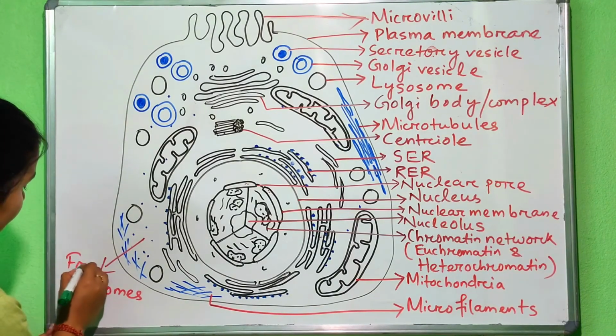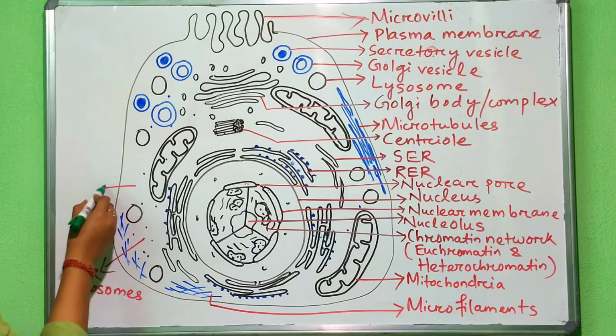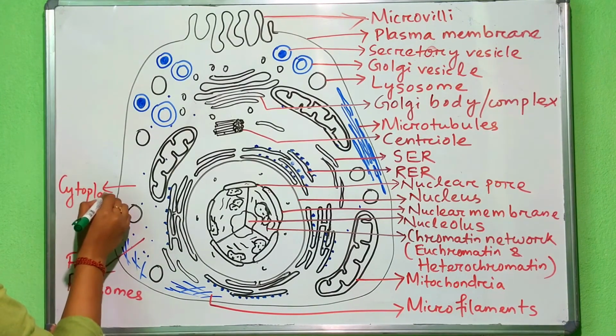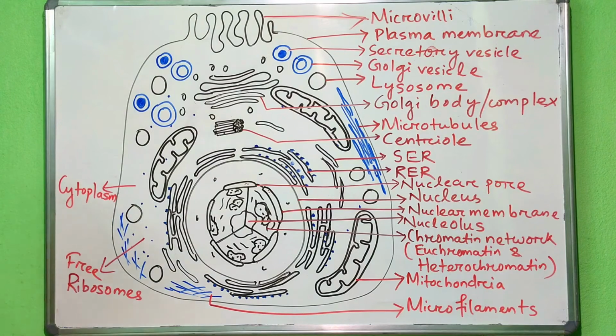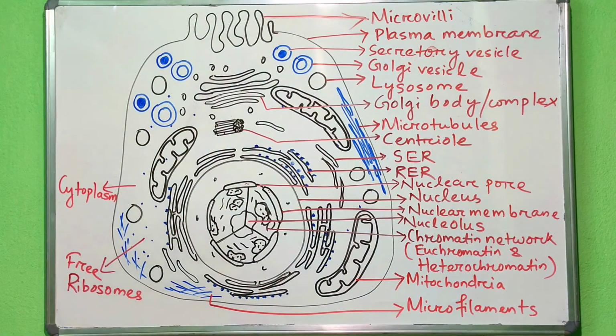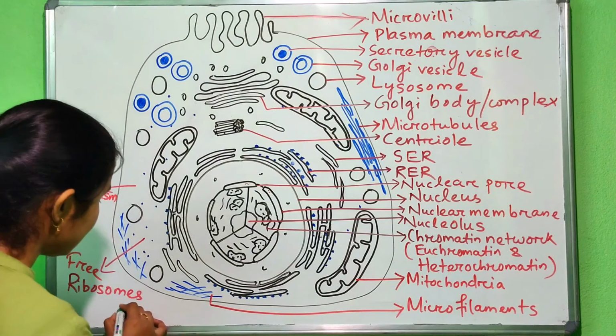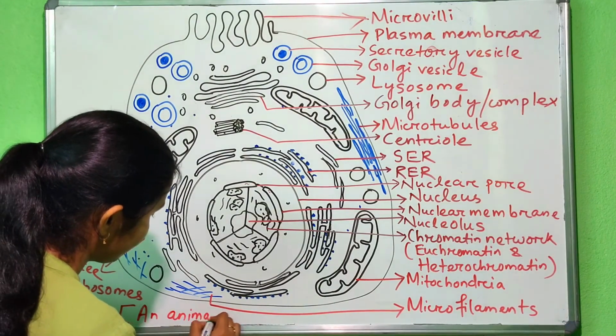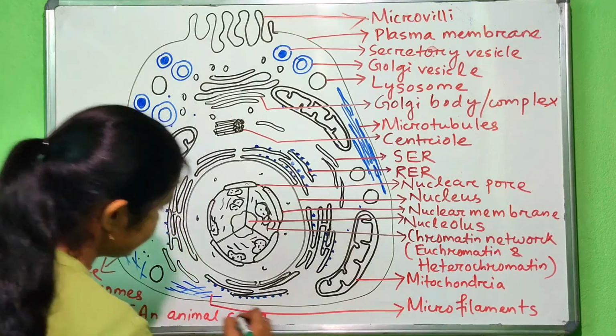These are free ribosomes. Clear? And the cell matrix is called the cytoplasm. Okay, clear? So this is the labeling of a typical animal cell, the ultrastructure of an animal cell.